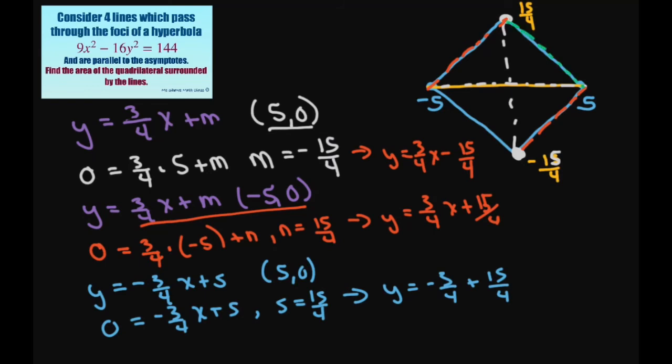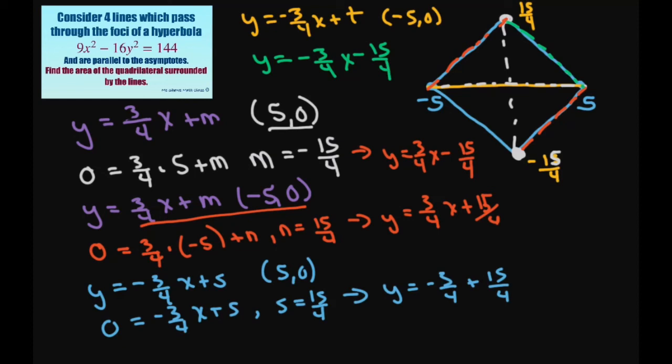And finally, the last one is y equals negative 3/4 x plus some y-intercept, at (-5, 0). To make things easier, this is just going to be y equals negative 3/4 x minus 15 divided by 4. That one would be this line right here.